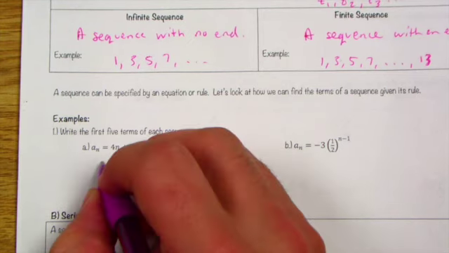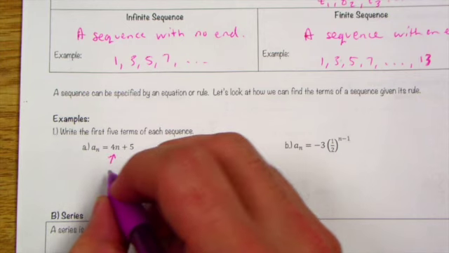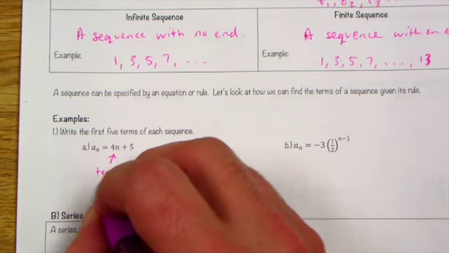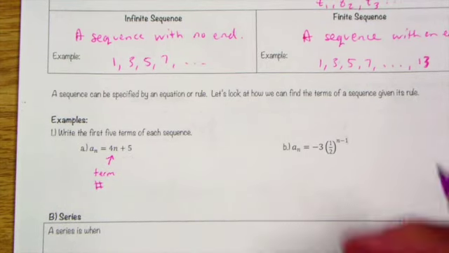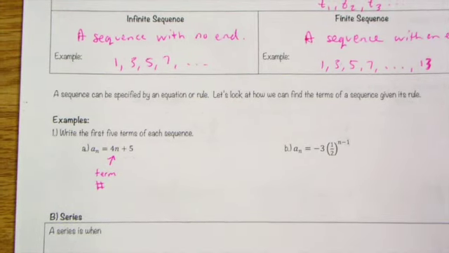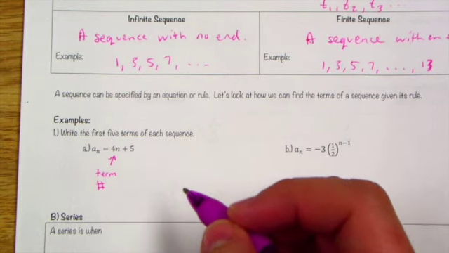What the n represents is the term number. So term 1, you would plug 1 in. Term 2, you would plug 2 in. Term 3, you would plug 3 in, and so on.